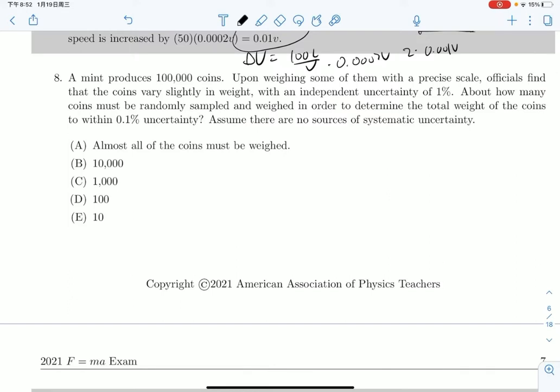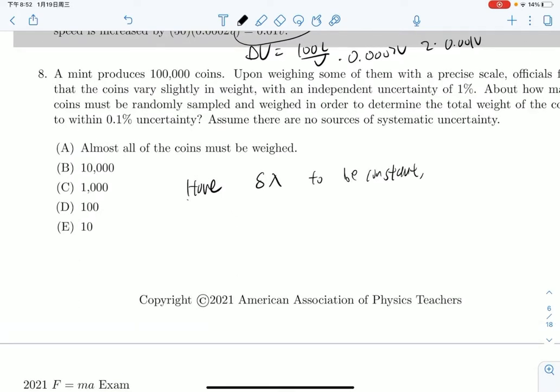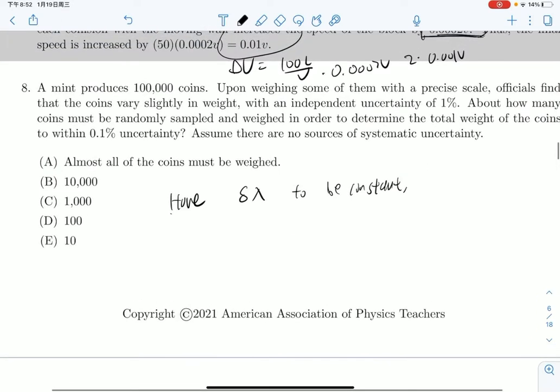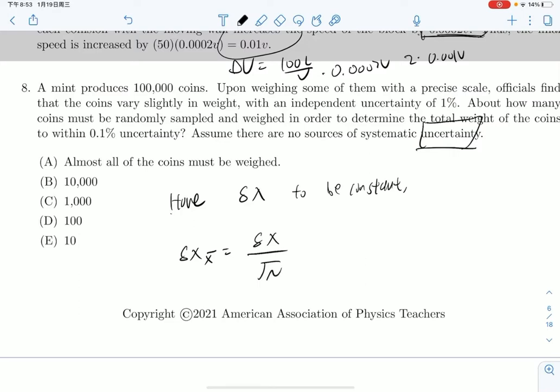So the equation is that when you have delta x to be constant, the total uncertainty of the average value is equal to the uncertainty divided by square root of n, where n is times of measures.